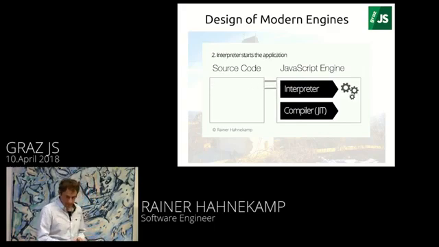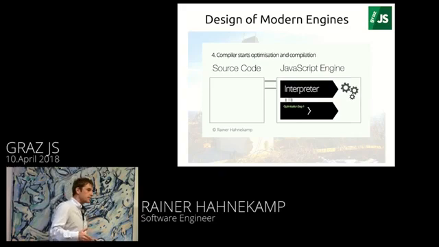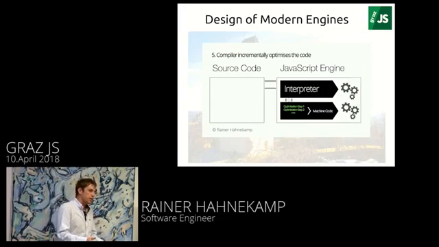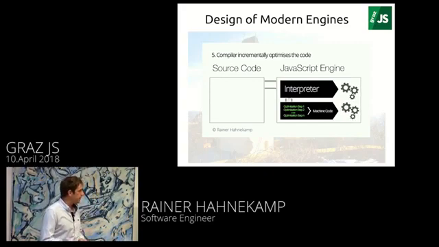And this hot code is then passed on to the compiler, as we can see here. The compiler now analyzes this code, optimizes it, and generates machine code. And as soon as that machine code is ready, the engine uses that machine code for execution and does not fall back to the interpreter, but only for the optimized part.